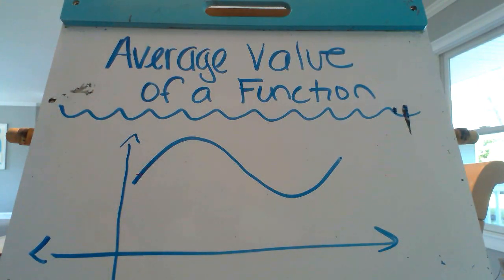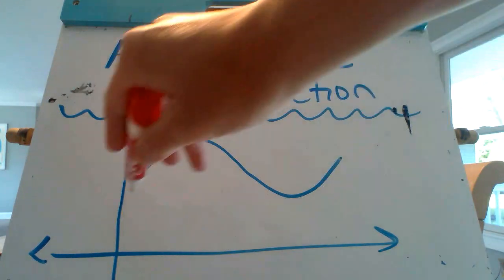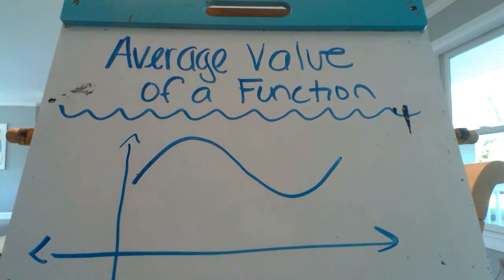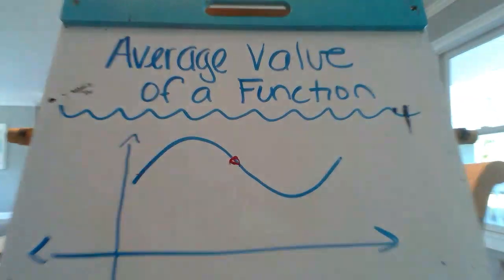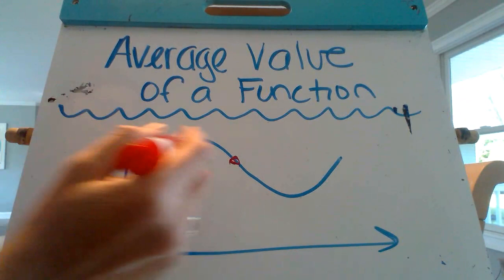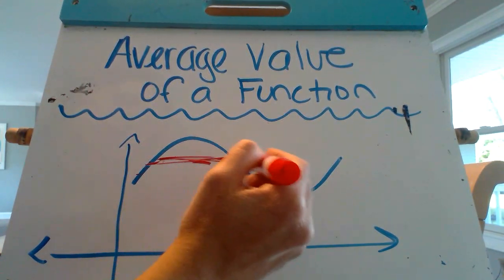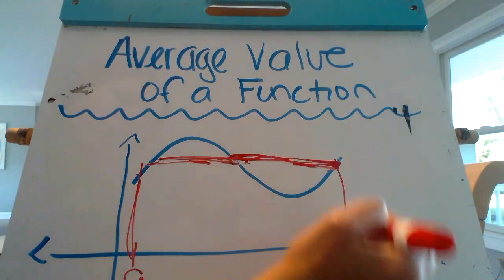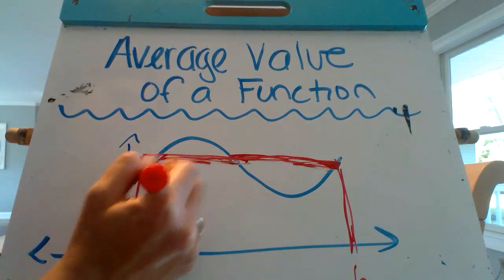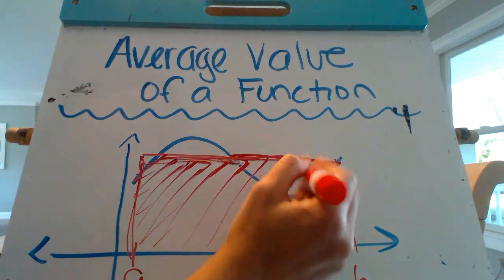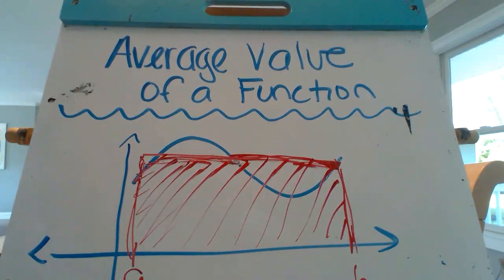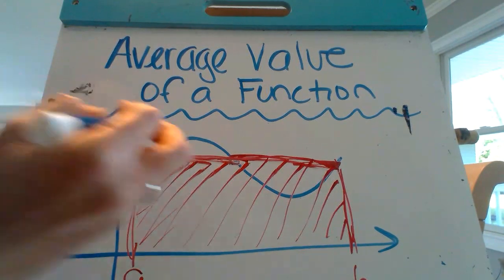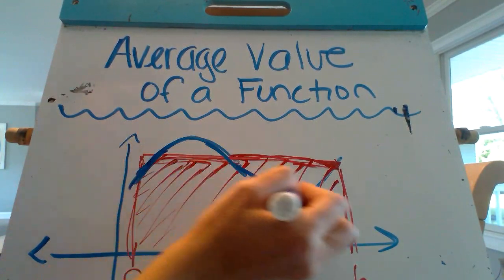So our average value of our graph says that when we find the average value of all of my f of x's or all of my f of c's, when I make a rectangle out of that in the same interval, this rectangle here is equal to, area is equal to the area of the entire region under the curve.